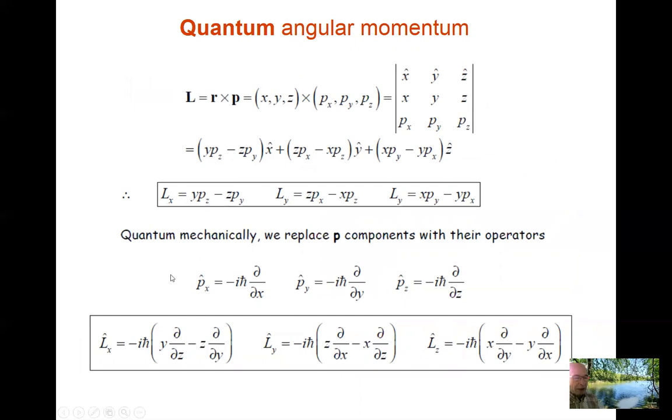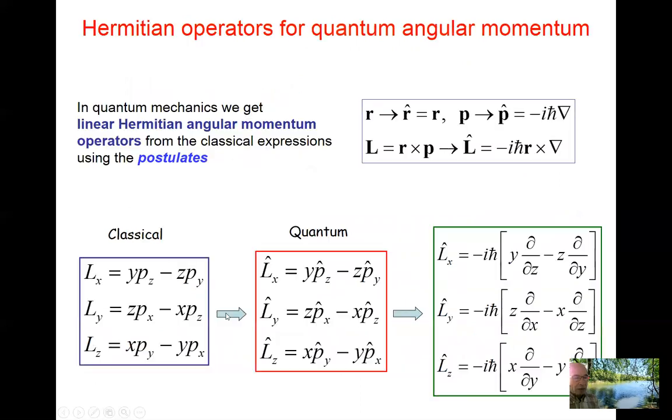The quantum mechanical representation of momentum looks like this. And as a result, we arrive at this type of description of Lx, Ly, and Lz, the representations of angular momentum in quantum mechanics. So it's very different. We moved from the classical description to a quantum mechanical description, which includes these derivatives.